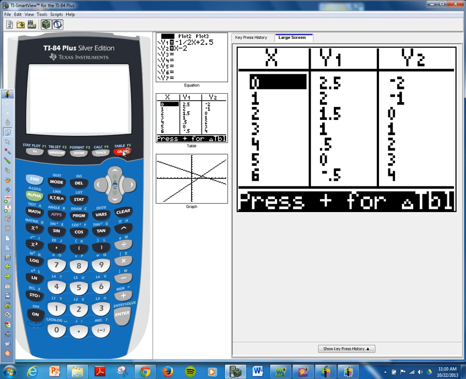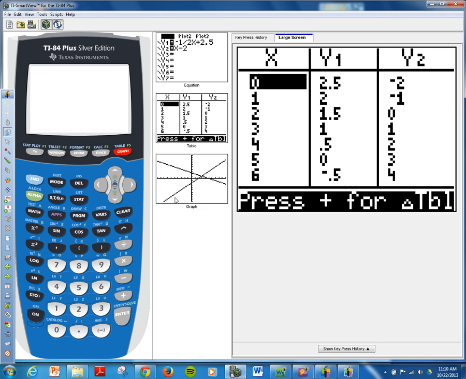So the first line we put in, the y1, is the 2.5. If we think about the graph, we want to figure out this point right here. So which line is this? Where's it across the y-axis? -2, so this is the -2 line.